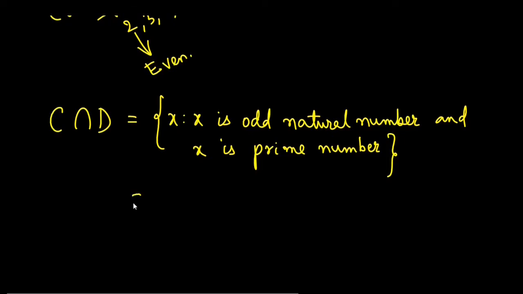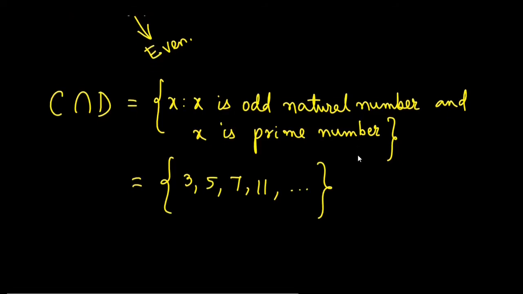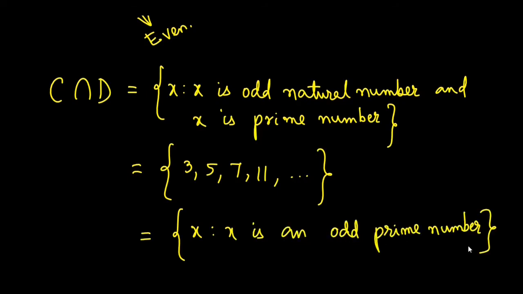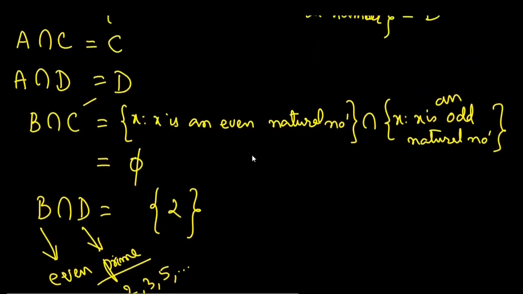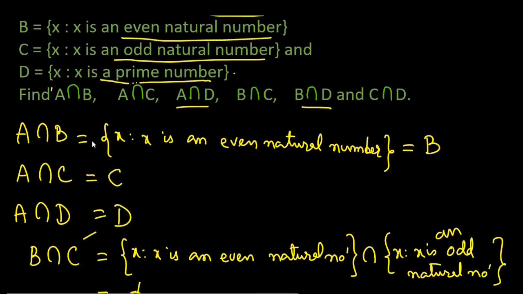We can also list it in roster form: 3, 5, 7, 11, etc. So we can write it like this also: x is an odd prime number. We have finished all the intersections.